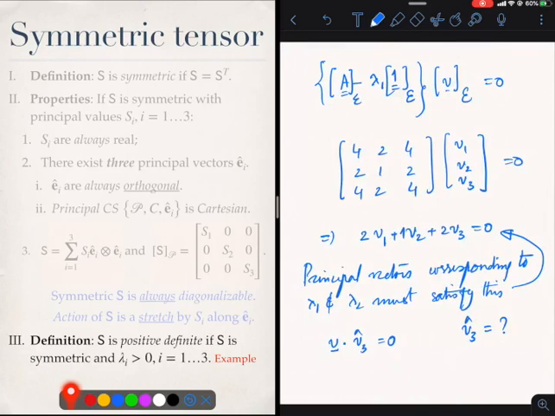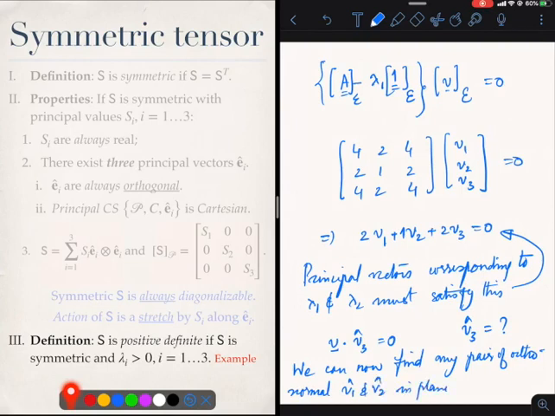So let's write that out. We can now find any pair of orthonormal V1 and V2 in the plane normal to V3.